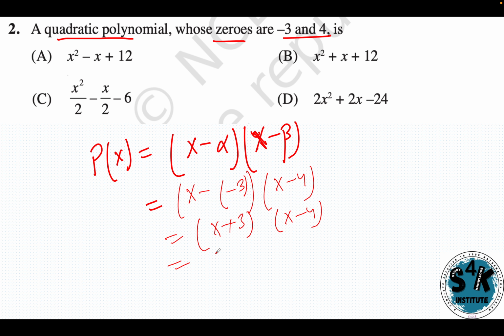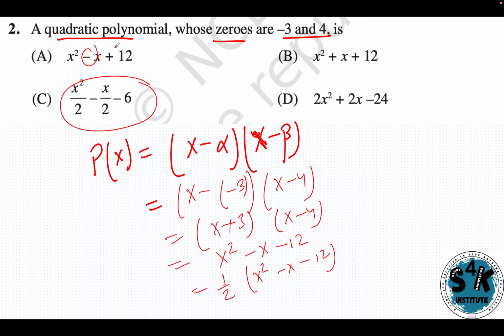If I simplify this, I will get x square minus x minus 12. So I think the answer will be half of x square minus x minus 12, that is option C, because the minus sign is not matching anywhere else. If I take 1 by 2 out, it will be x square minus x minus 12. So answer is C in this case.